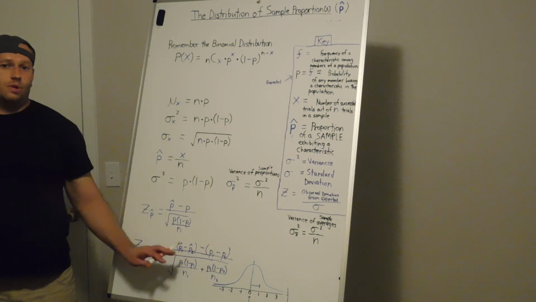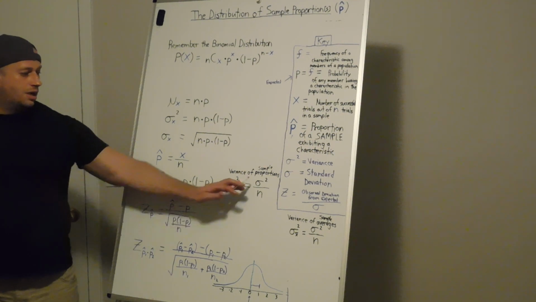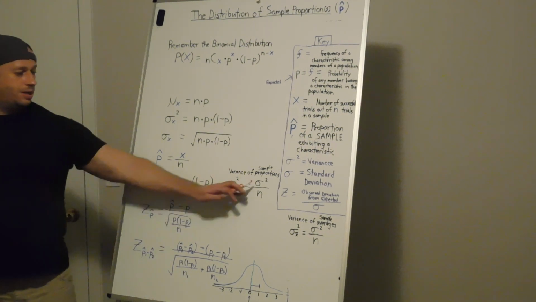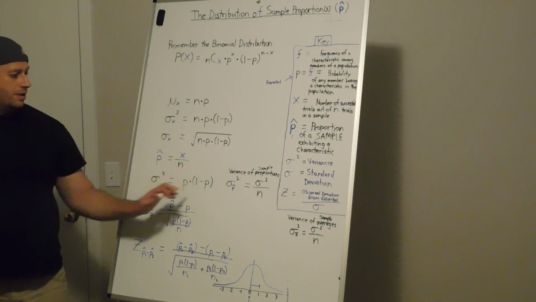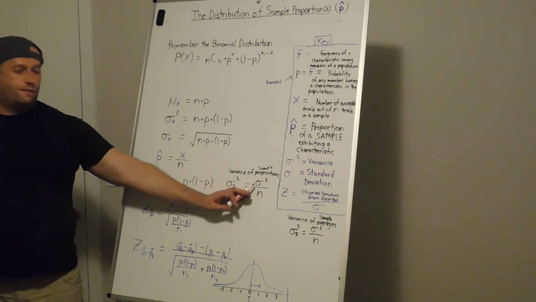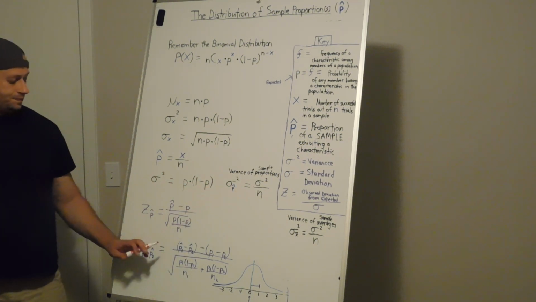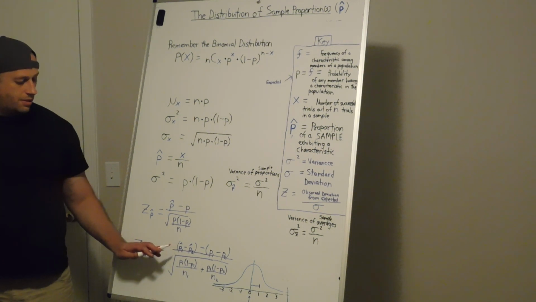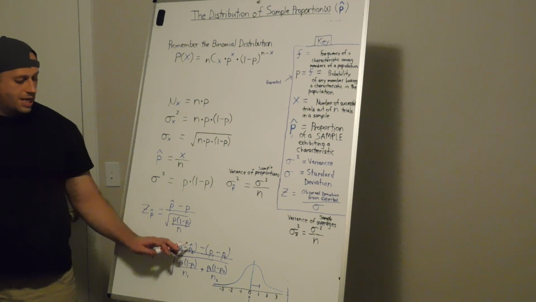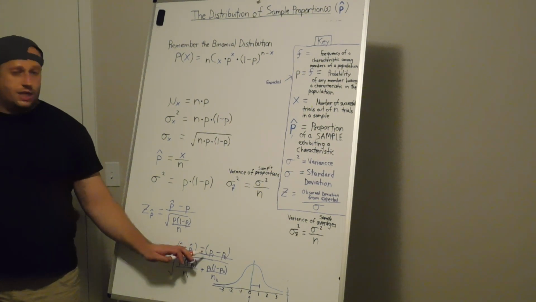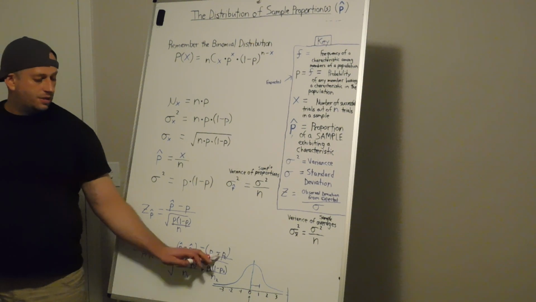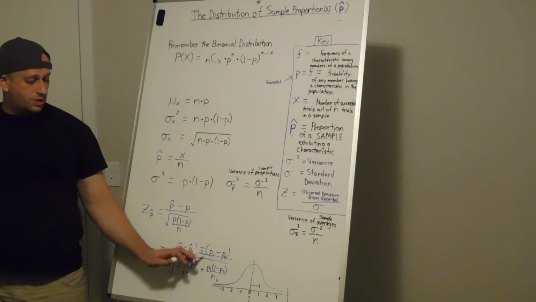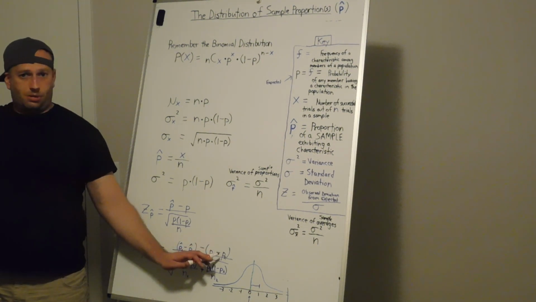We just substitute this here instead of what we had before. So we subtract proportion 2 from proportion 1, then we subtract the difference of those expected proportions from the whole population, which is the probability minus the probability.